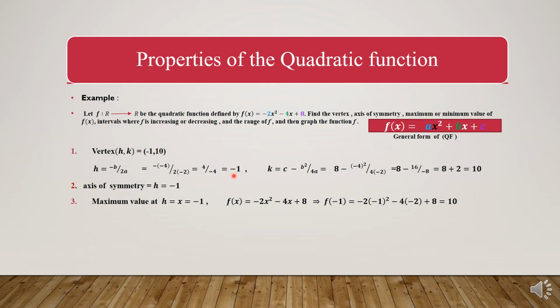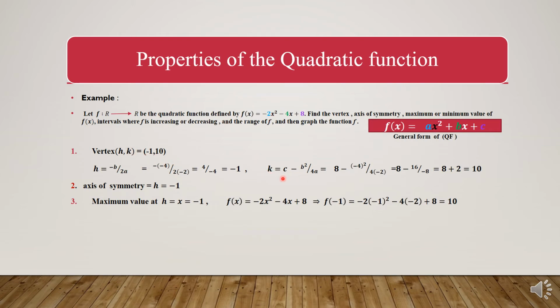So minus times minus 4 divided by minus 4, so you will get minus 1. So the h value we got is minus 1. As we discussed earlier, the h value is always the axis of symmetry.